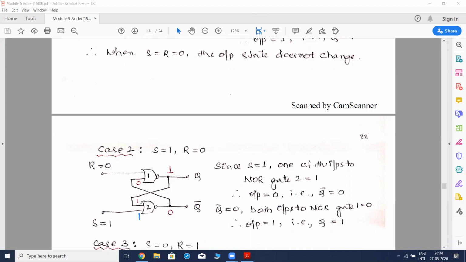So irrespective of the other input, we are going to get the output as 0. We have already seen the NOR gate truth table. When any one of the inputs is 1, we will get the output as 0. So this 0 will appear over here. Is it not? So when both the inputs are 0, obviously we are going to get 1 over here.